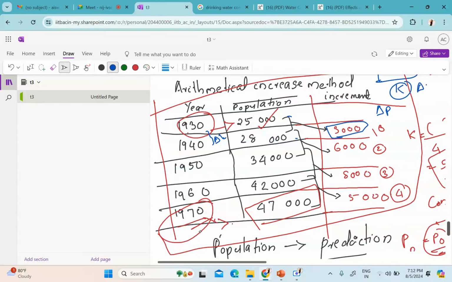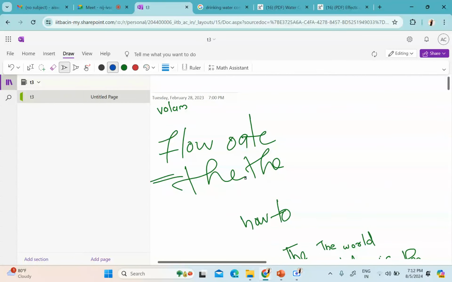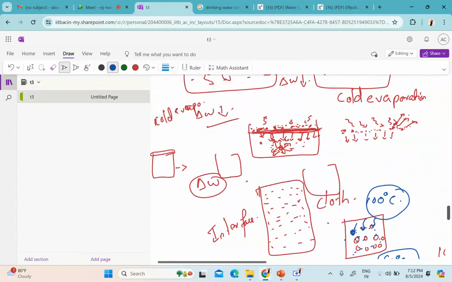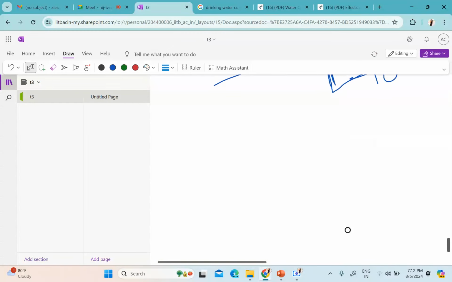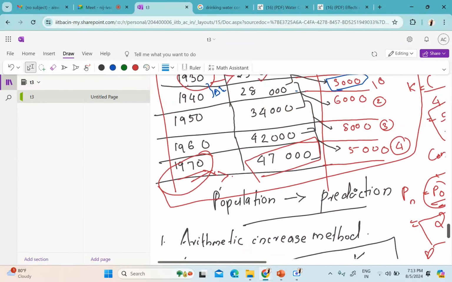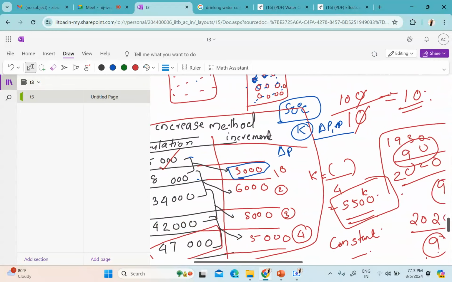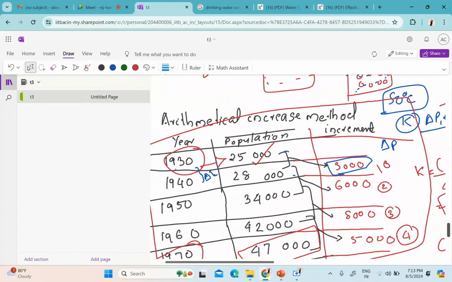From the delta P values P1, P2, P3, we have to divide by the number of time spans that we have considered. The number of time spans here is one, two, three, four.